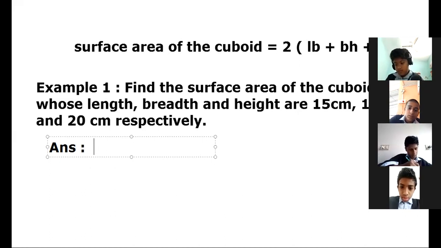Joel, listen to me. Can you tell me what are the data given in the question? What are the things given in the question? There are some values, there are some numbers. What are they? Find the surface area of the cuboid whose length, breadth, and height are 15 centimeter, 10 centimeter, and 20 centimeter respectively. What are these data?